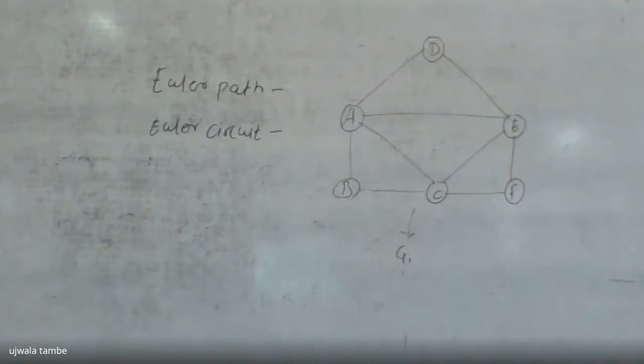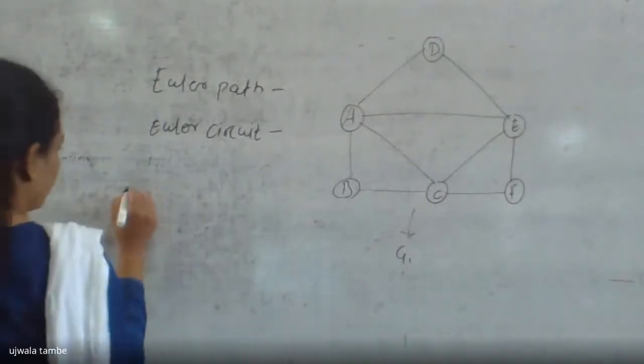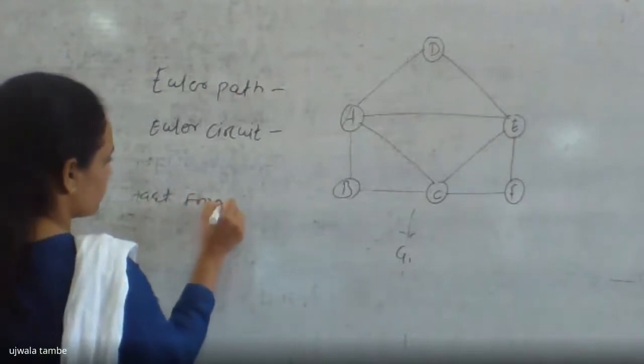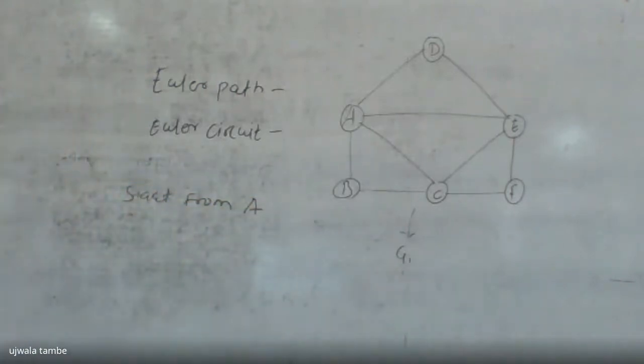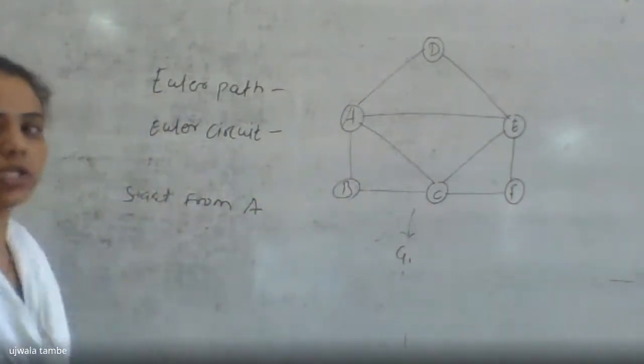So start from A. First we have to find the Eulerian path, right?